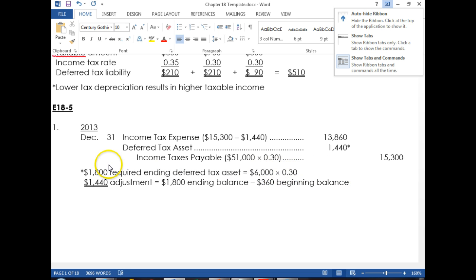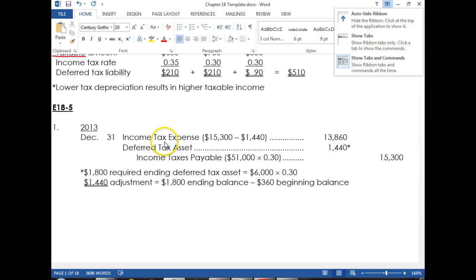And then we had this $1,800 required ending deferred tax asset because we took that $6,000 times the 30% tax rate that we currently have here. And so that $1,800 was the ending balance minus the $360 beginning balance. So now we have to report this new deferred tax asset as $1,440.